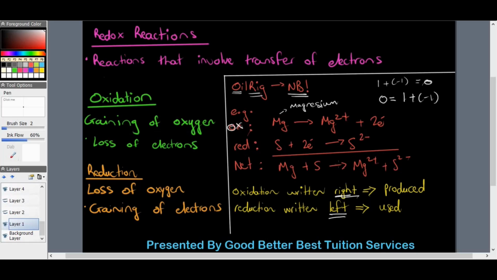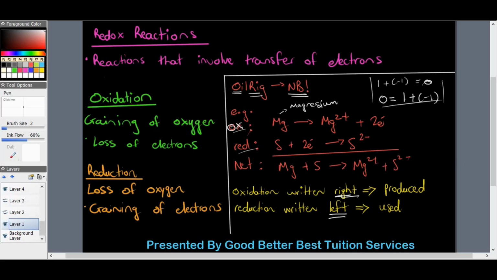That's all we're concerned about in a test or exam: how do we write which one, which one is which, and how to remember. I remembered which one was oxidation and which was reduction from this little trick. It's free, if you want to use it or not, it's up to you.